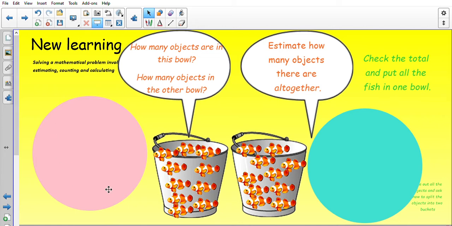So we started with 10 in the pink bowl and 10 in the blue bowl. So they were the same, weren't they? Then we put them all together into the pink bowl and that made, we guessed, 20. And then we've split them back into their two groups and checked, yes, there was a total of 20. Well done.